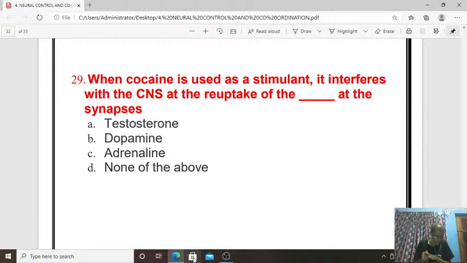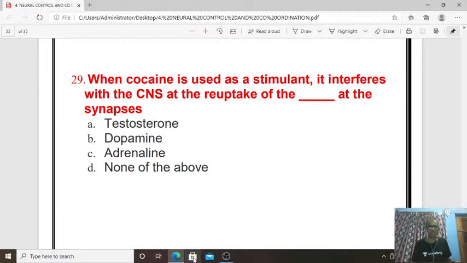And next question 29. When cocaine is used as a stimulant, it interferes with the CNS at the reuptake of the dash at the synapse. What happens if you take cocaine as a stimulant?